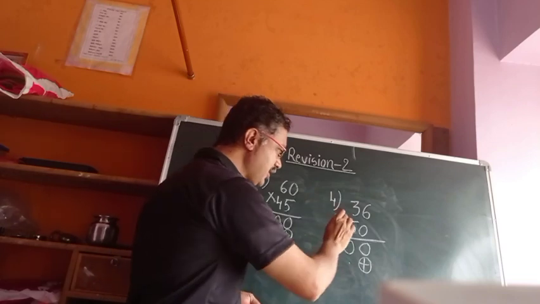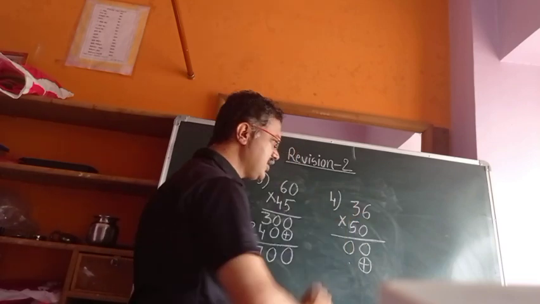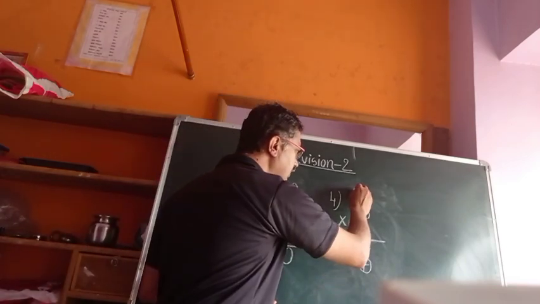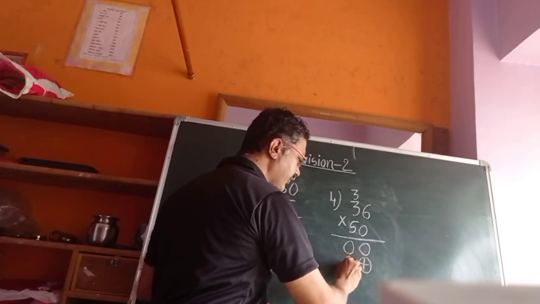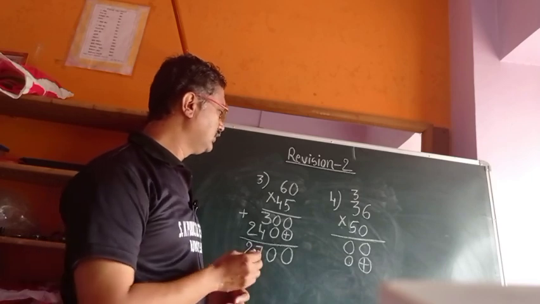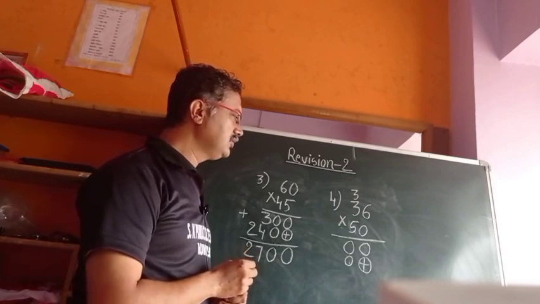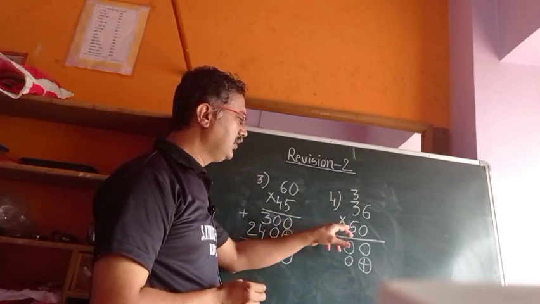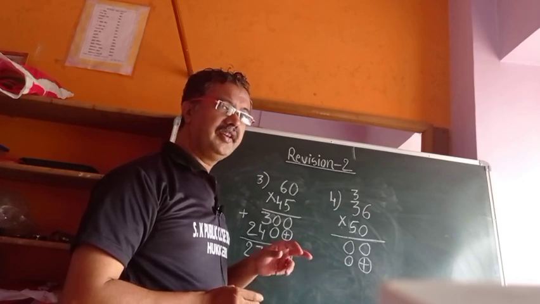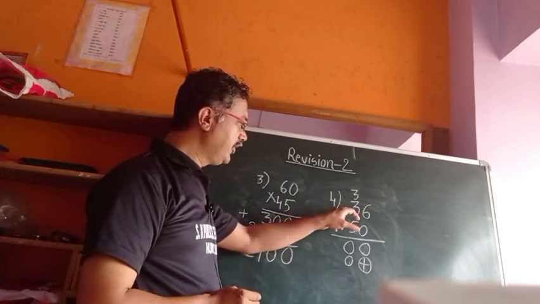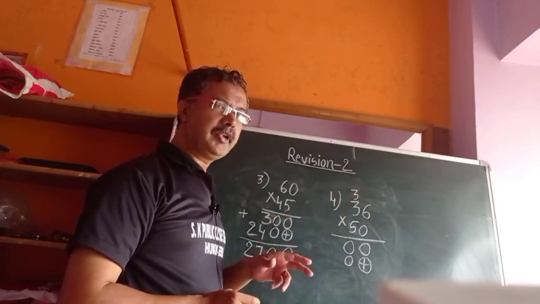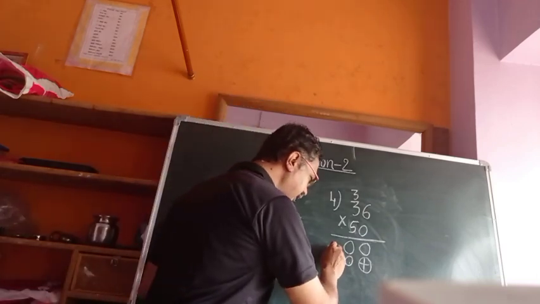Now we will multiply these numbers. 5 into 6, 30. Okay. Now 5 into 3, 15. 15 plus 3, 18.